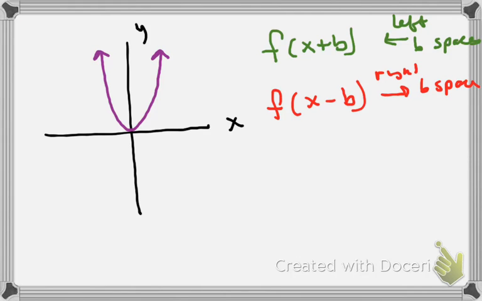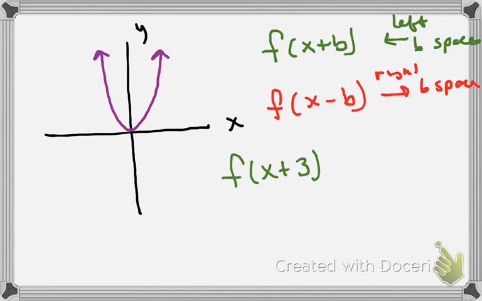Let me give you an example. Let's do this one right here. You see that I wrote f of x plus 3. Since it's positive, what we want to do is make a 0 inside the parentheses. So what do I put in for x to make it 0?